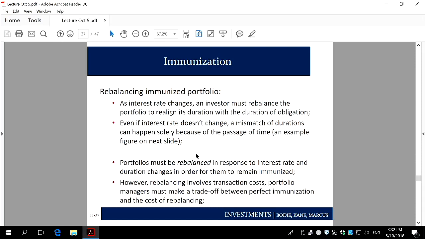But there is a trade-off because rebalancing involves transaction cost, right? So if you are a bond portfolio manager, you want to take a trade-off between a perfect immunization and the cost of rebalancing. If you want to achieve perfect immunization, probably you want to rebalance every week or every month, but that's costly. So sometimes we just don't want to achieve perfect immunization.